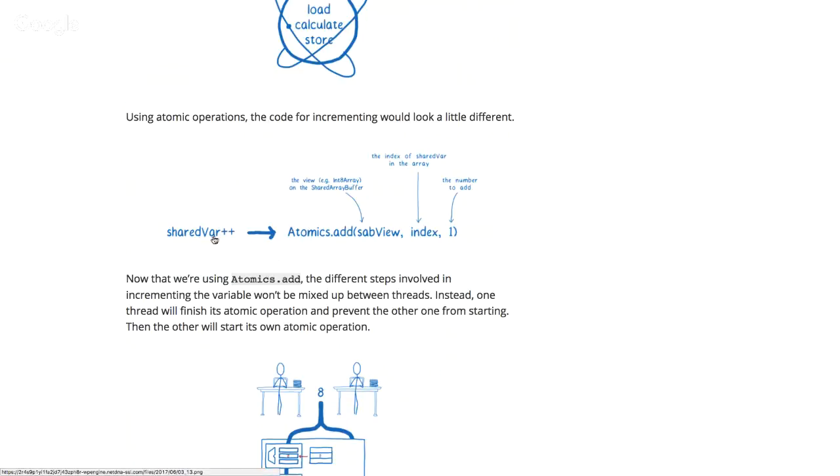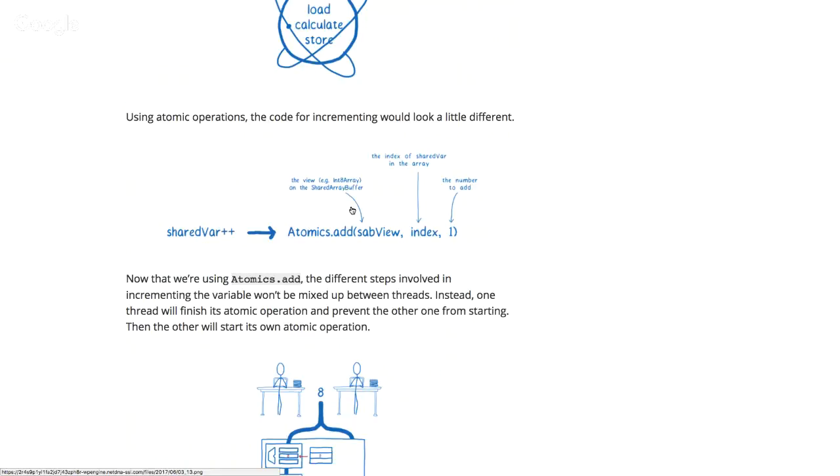Looks like if there is a shared variable and you want to perform an increment operation on a shared variable, you would use atomics, and you would use a method called add on atomics, and you would give it a shared array buffer view. Shared array buffer view, as you can see in this cartoon, it's nothing but a view into a typed array, and the type is Int8Array.